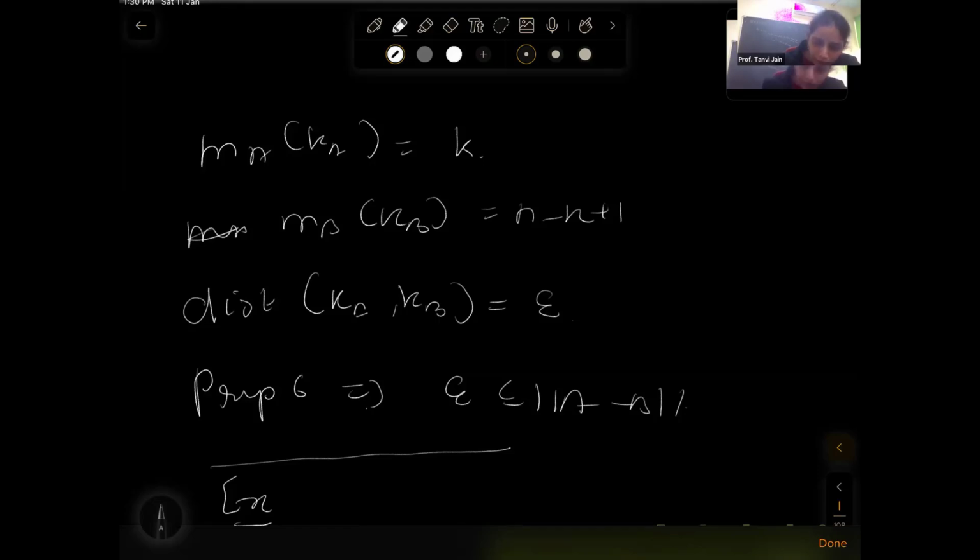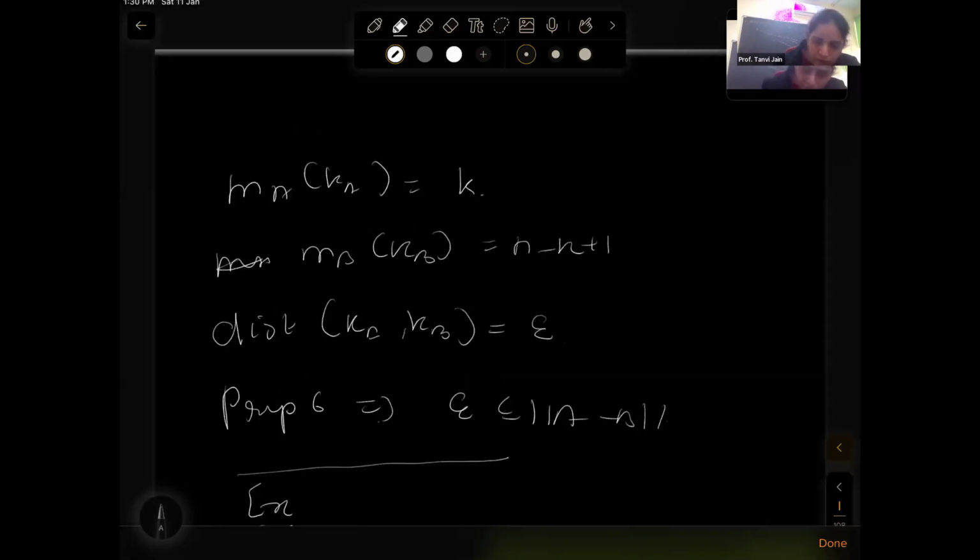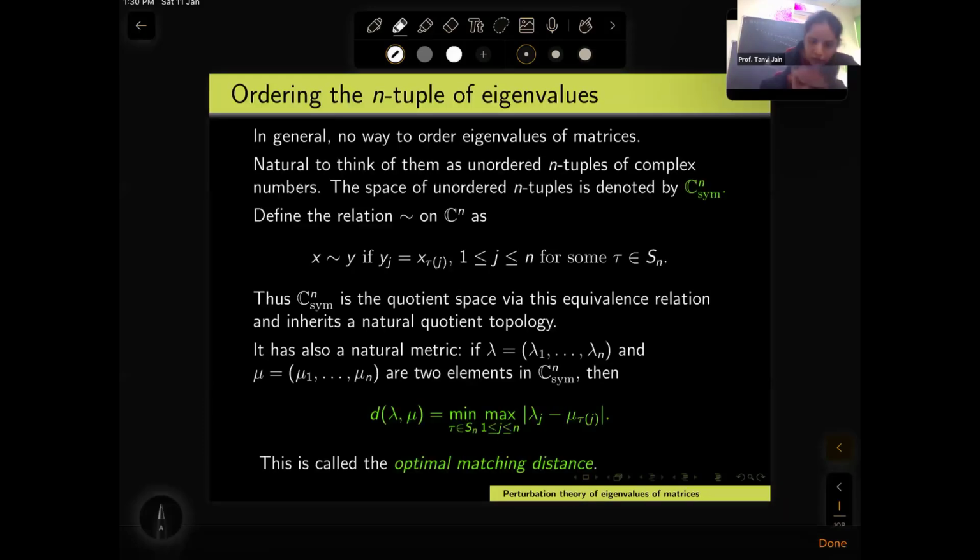Okay. So now the question is, what in general? For unitary matrices and normal matrices, we cannot think of a ready-made way to order the eigenvalues. So then we make a concession.